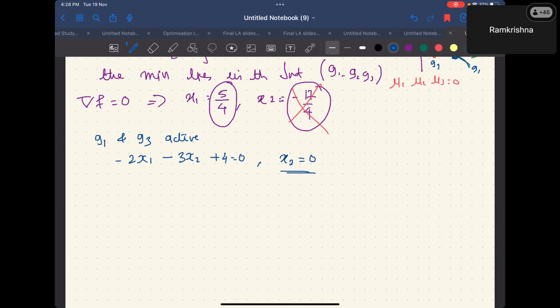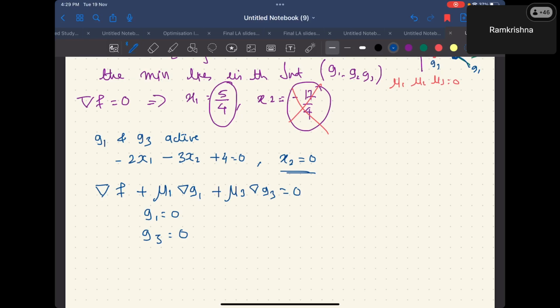Then I not only solve for the gradient of f, but because mu1 is no longer equal to 0 and mu3 is no longer equal to 0, I am looking at solutions to this, such that this holds together with G1 is 0, G3 is 0.